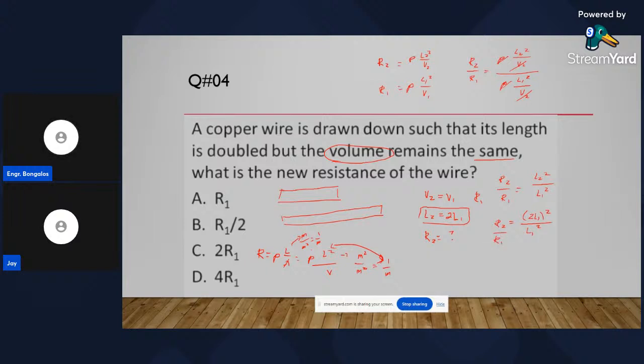So, R2 natin is equal to 4 L1 squared over L1 squared times R1. So, maka-cancel yung L1 natin. So, therefore, yung R2 natin is equal to 4 R1. So, meron tayong letter B.